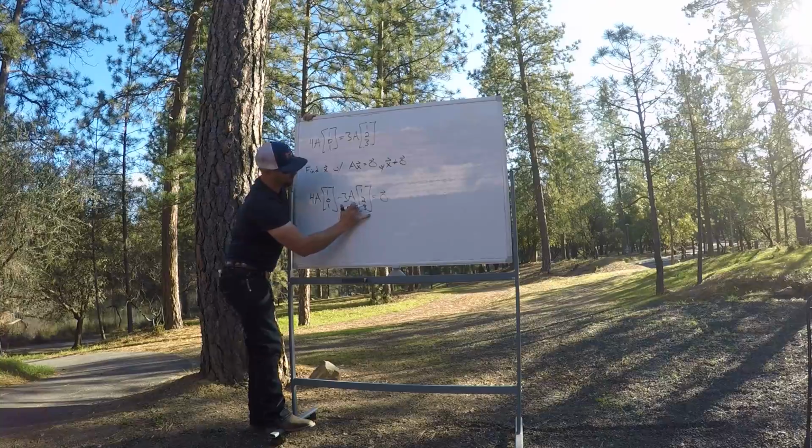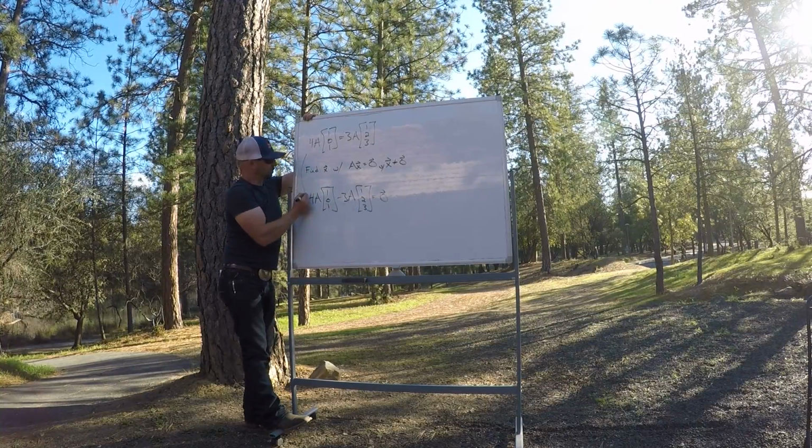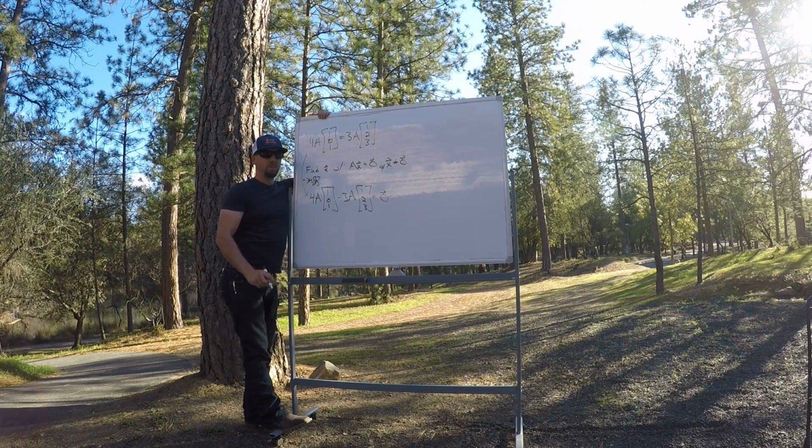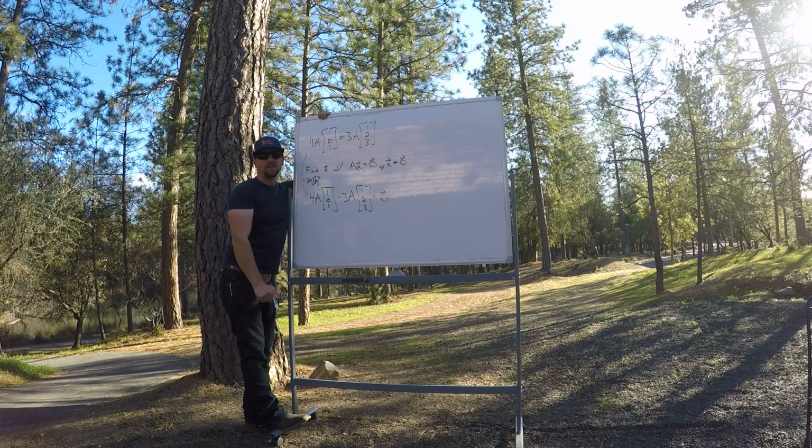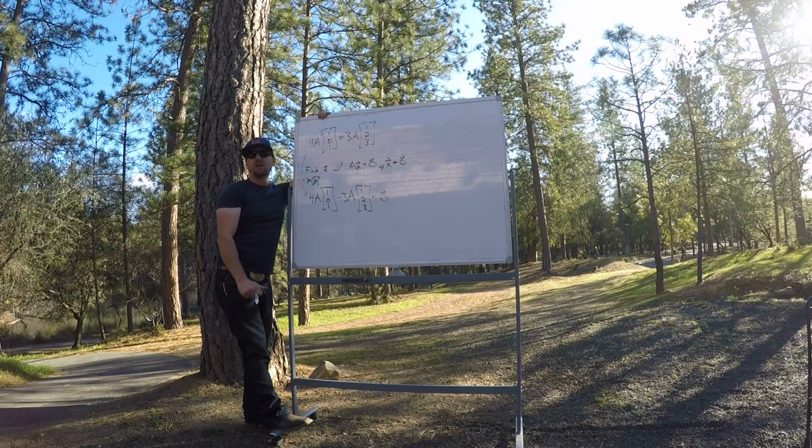What category of thing is this? Like, this is me subtracting 3A times (1,2,3) from both sides. How is that valid math? This is going to be A times a vector. What kind of thing is A times a vector? Another vector? Yeah, it's another vector.